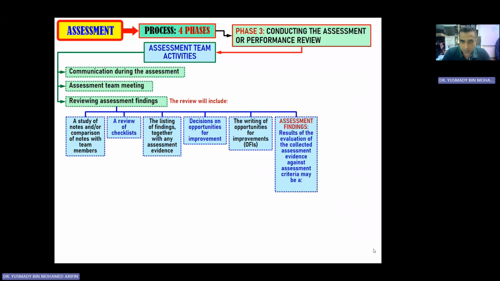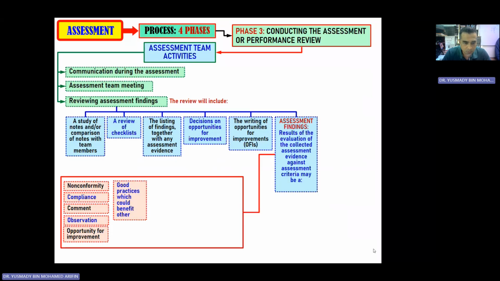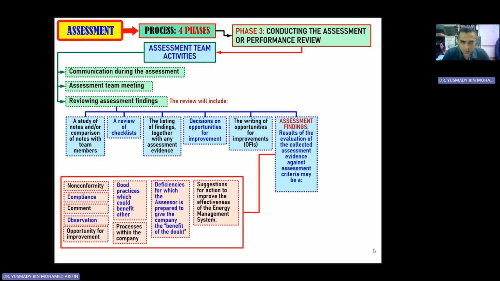In terms of assessment finding, the result of the evaluation of the collected assessment evidence against assessment criteria may be a non-conformity, compliance, comment, observation, opportunities for improvement, good practices which could benefit others, processes within the company, deficiency for which the assessor is prepared to give the company the benefit of the doubt, suggestion for action to improve the effectiveness of the energy management system.